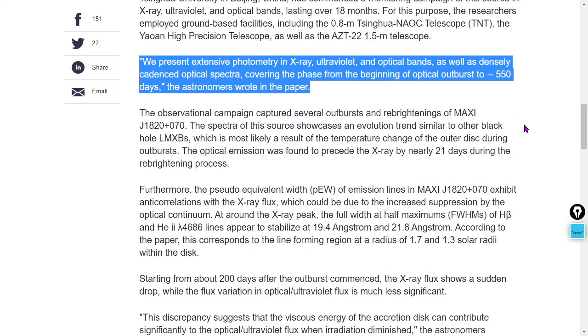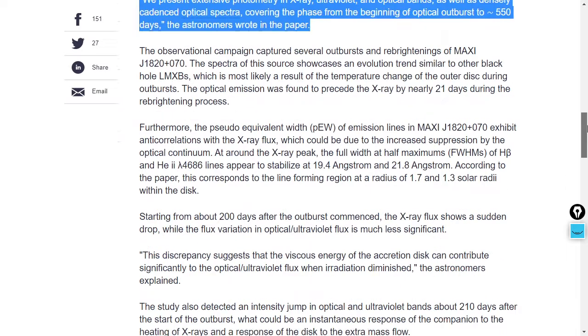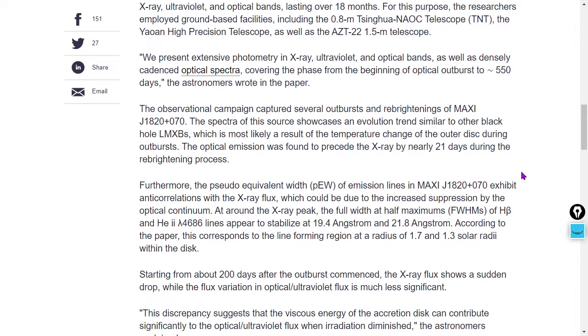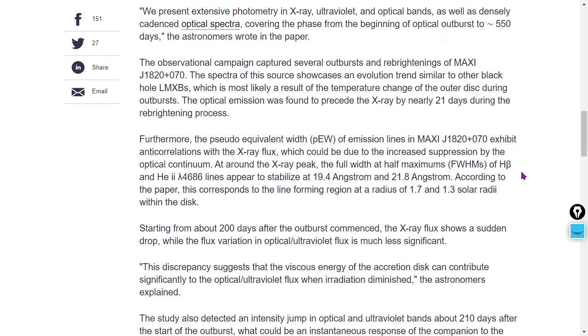So the electromagnetic spectrum, folks, these objects have a proportional relationship between their X-ray output and things like their radio output or their infrared spectral output.